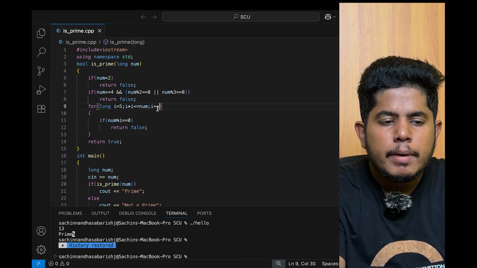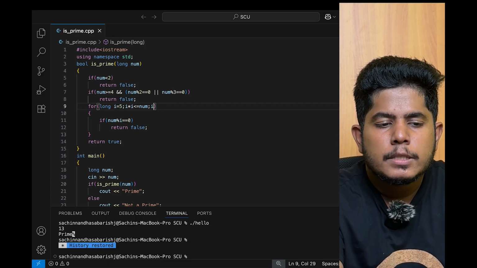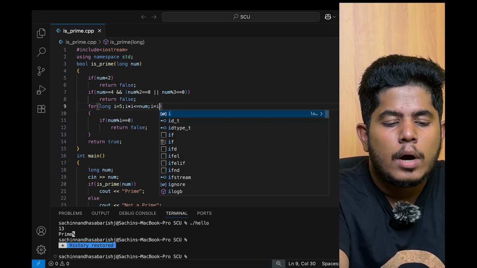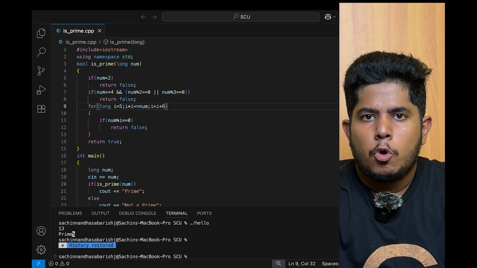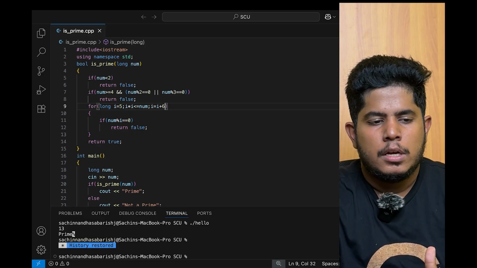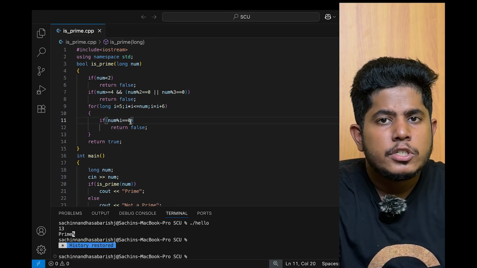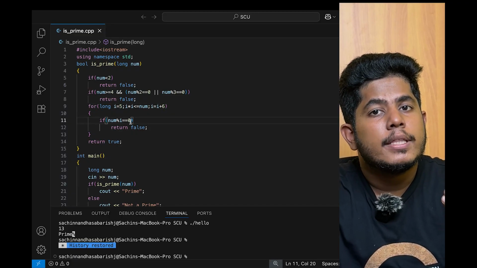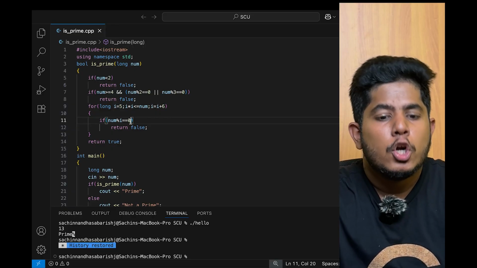But coming to the incrementation part, it is not going to be i plus plus, it is going to be i equal to i plus 6. We have discussed this earlier, that every time i is incremented by 6. Now going inside, we will not just check i, we will also have to check whether num is divisible by i plus 2.